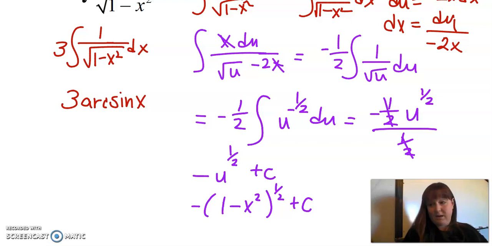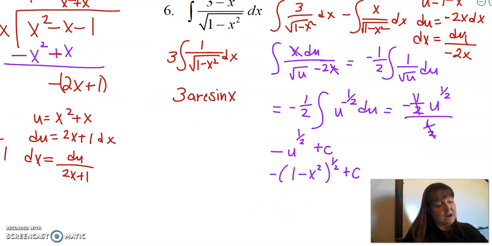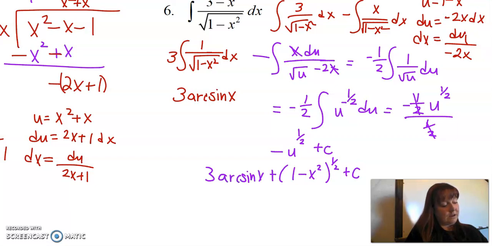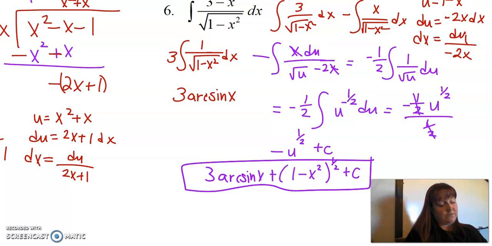And then, since I was subtracting this integral, and this integral ended up negative, this is going to end up positive, and I'm going to have 3 arc sine x plus that whole integral. Okay.